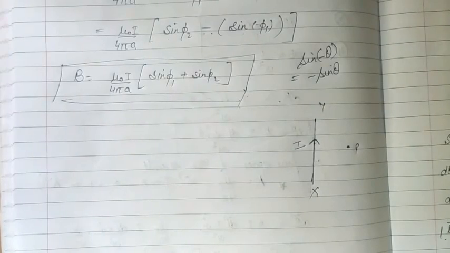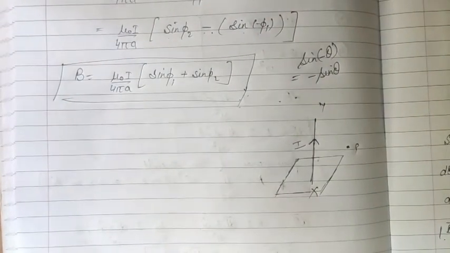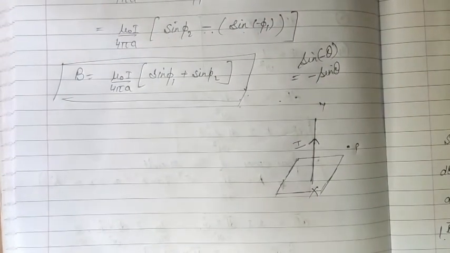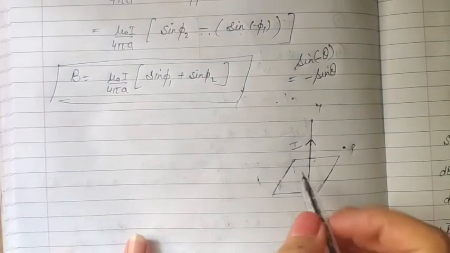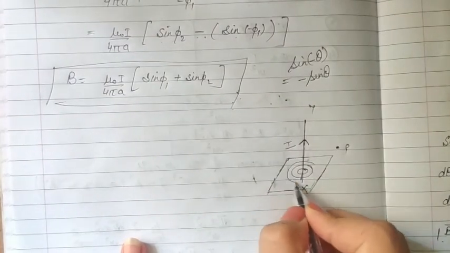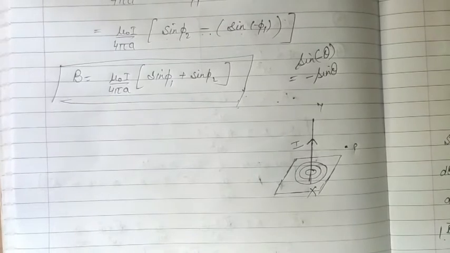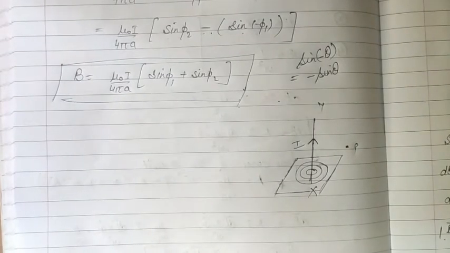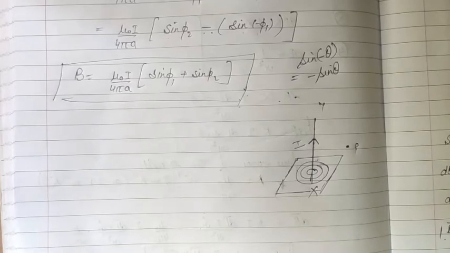That means the magnetic field lines around the conductor are in the form of concentric circles, like this. These are in the form of concentric circles around that conductor, and the direction that we are taking is anti-clockwise or clockwise, depending on the flow of current.